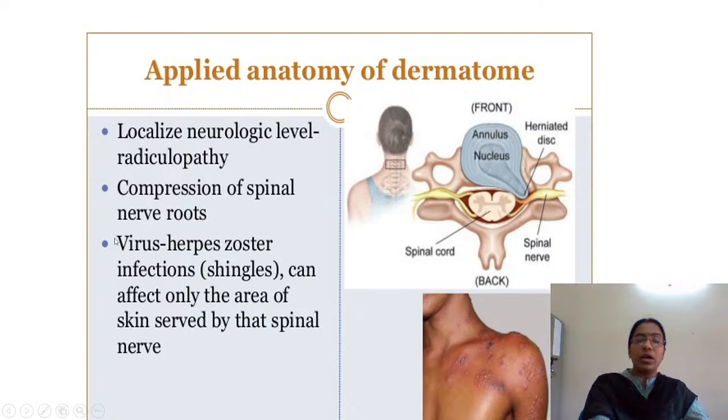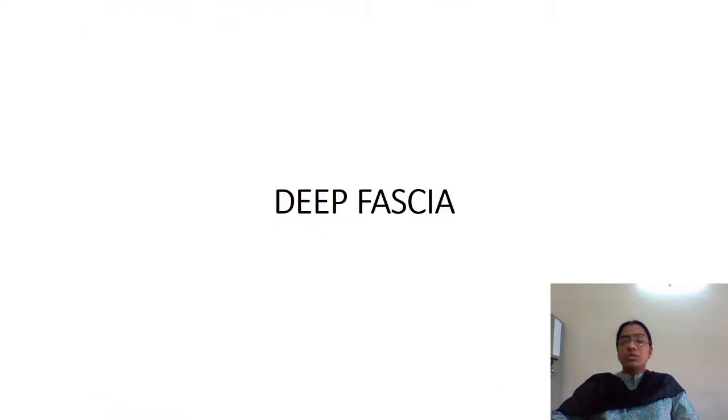To know the spread of herpes zoster, or any compression of the spinal nerve roots, or any neurological defects, that is radiculopathies, you have to know these dermatomes. Yes, so this ends the superficial fascia of the pectoral region.